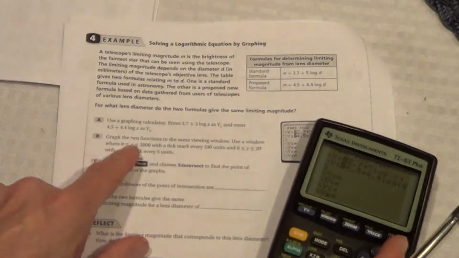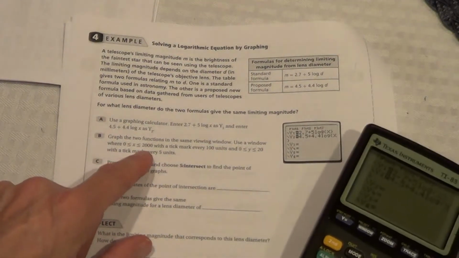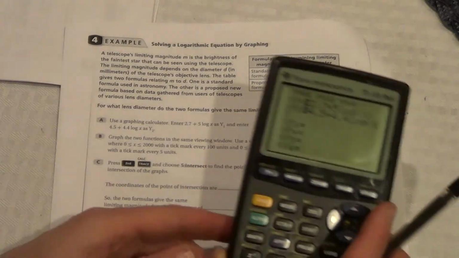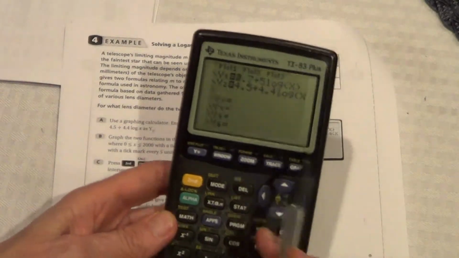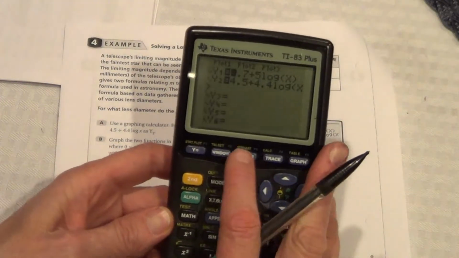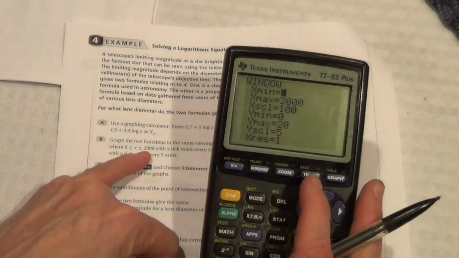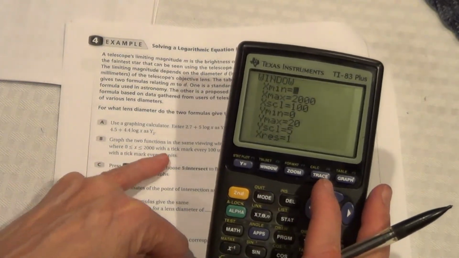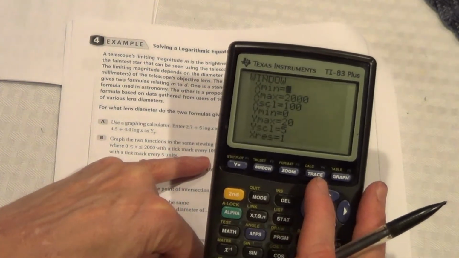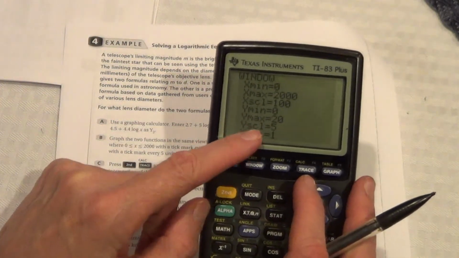Now it says graph the two functions in the same viewing window. So they give us, well, that will happen when we put in y1, y2. Use a window where x, let's see what our window is. X is 0 to 2000. The tick mark is every 100 units. Y is 0 to 20, and the tick mark is every 5 units.